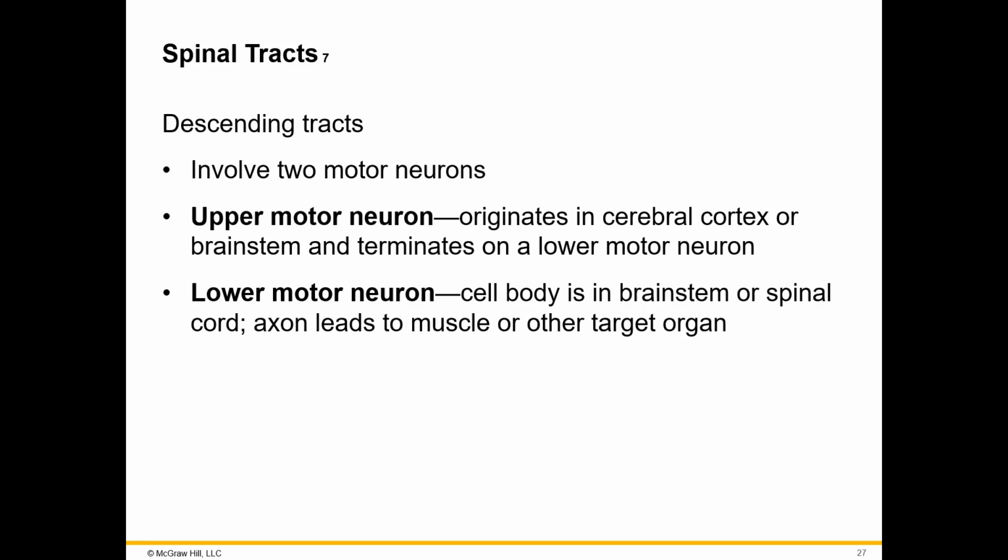So the upper motor neuron is going to target the lower motor neuron in my spinal cord, and the cell body in the spinal cord is going to carry out this output.